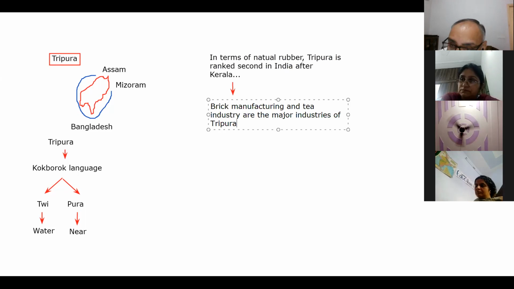Organized sector में है, वैसे तो काम चलता रहता है, right? Major industries of Tripura. So this is one important thing.